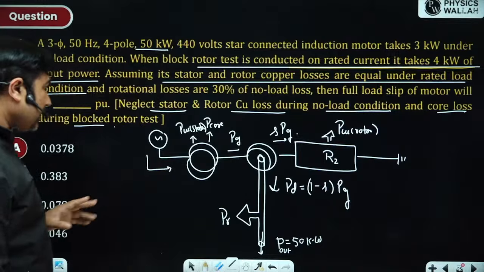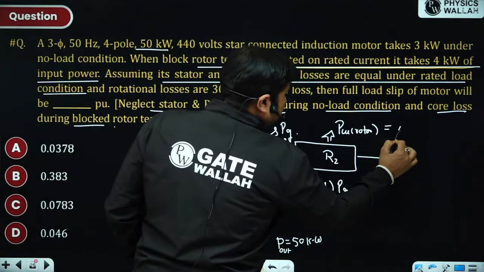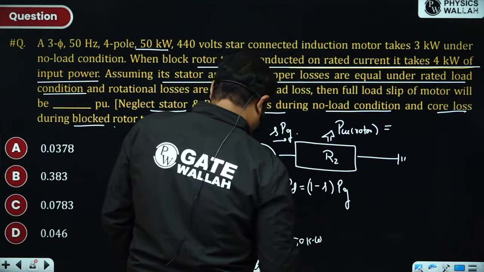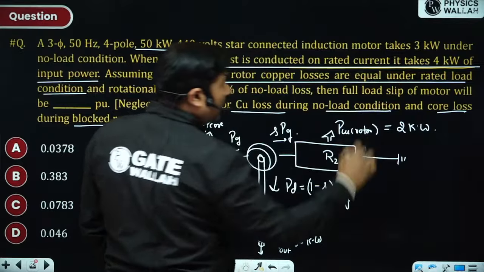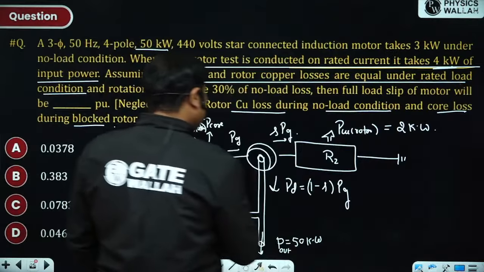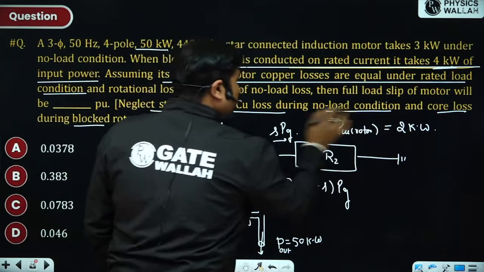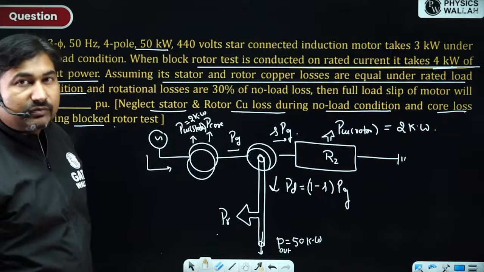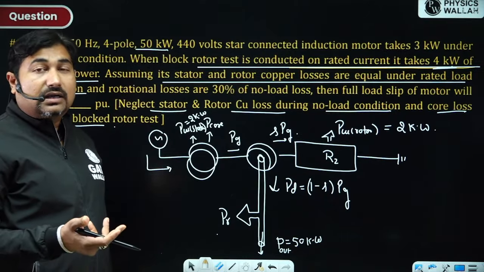Is it okay? So this 2 kilowatt is given to you from the block rotor test data. Total is 4 kilowatt, so under full load condition this is 2 kilowatt and that is also 2 kilowatt, because under block rotor condition we have copper loss only, and copper loss occurs in the resistances.